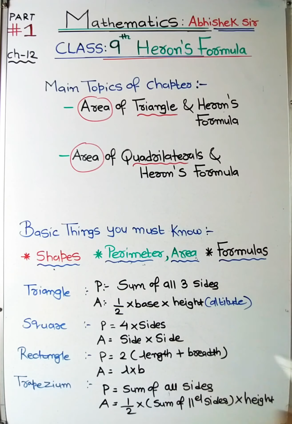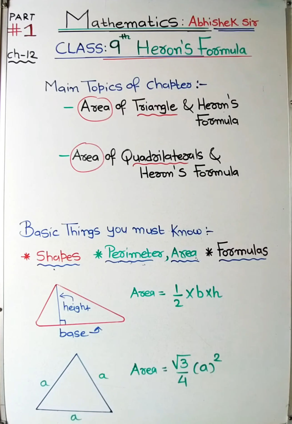Area is side into side. Talking about rectangle, the perimeter is 2 into L plus B, and area is L into B, length into breadth. Talking about another quadrilateral, that is trapezium, the perimeter is the sum of all four sides, and area is half into sum of the parallel sides into height. So these are a few basic things that you must know.